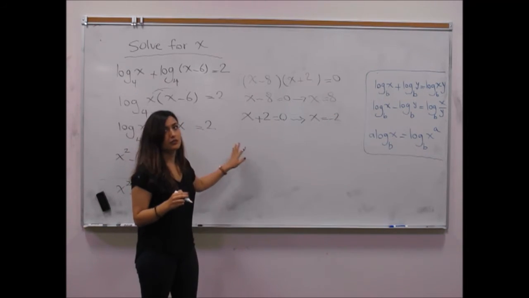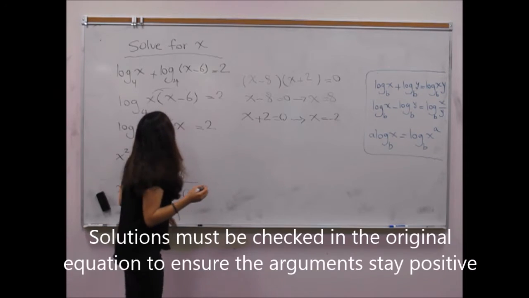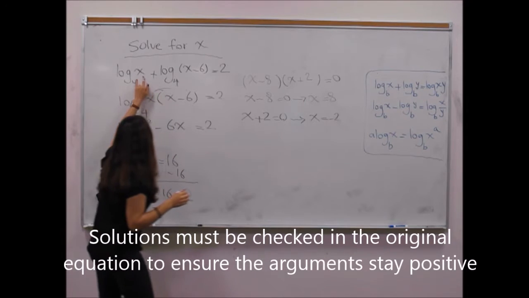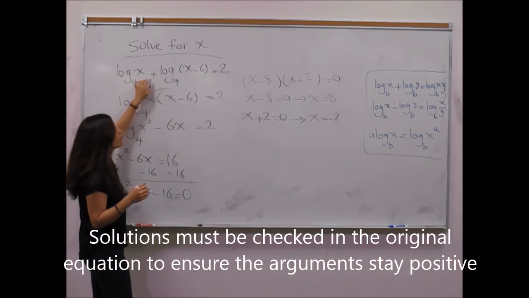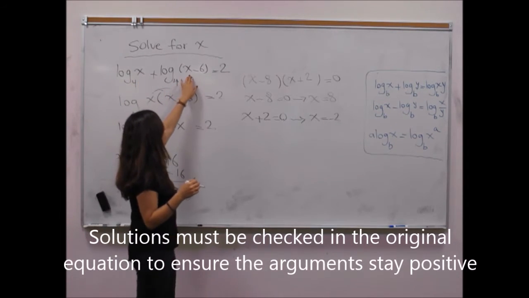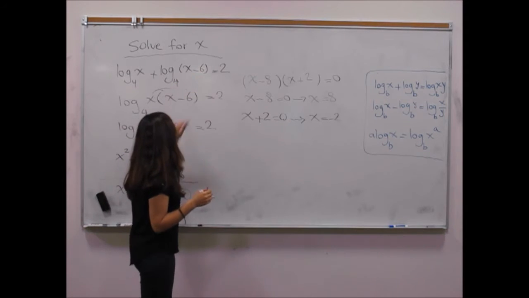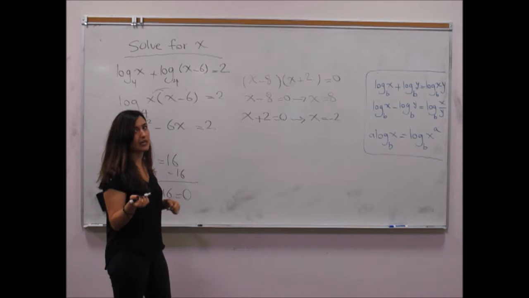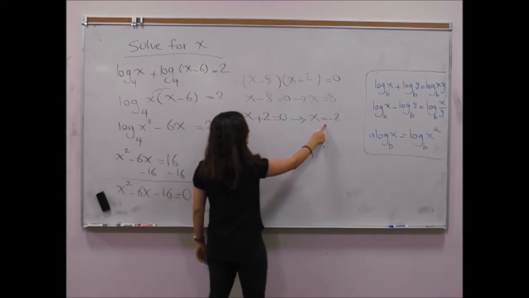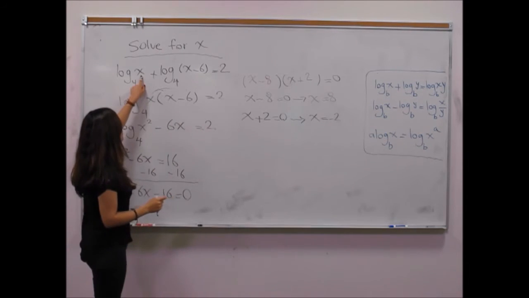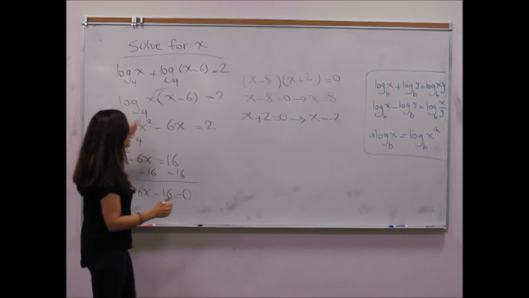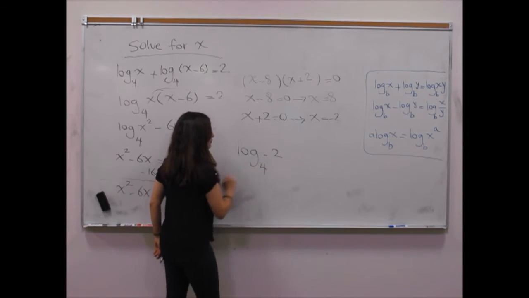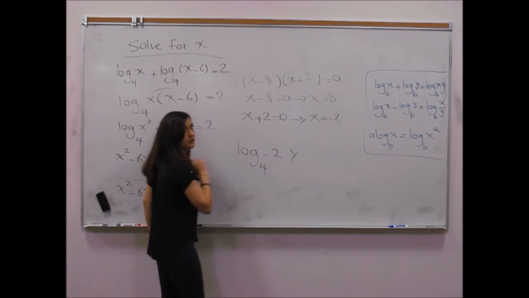I'm going to check to see which one works. If I plug in 8 back here, it's positive, so it works for this one. And for this one, it's 8 minus 6, which gives me 2. It's also positive, so 8 works. For negative 2, I get a negative number here, because it's log of negative 2 base 4, which is undefined.